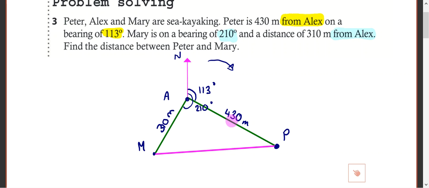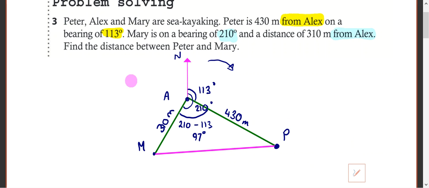Do I know any of the angles in the triangle? Yes. Which one? The top one. What is that angle? 97. So it would be 210 minus 113. Okay, so we've got 97 degrees, so that's that angle there.